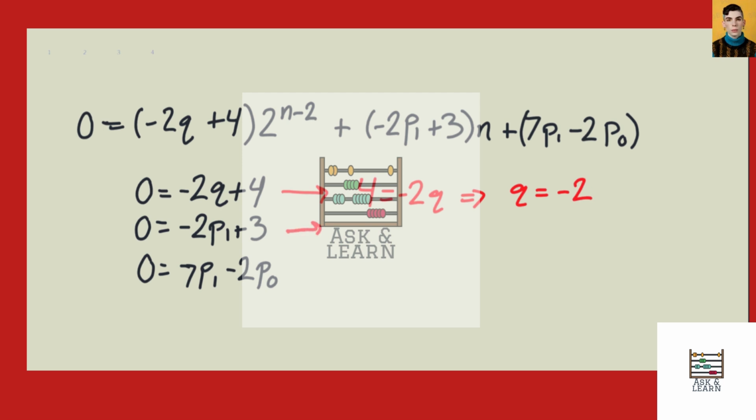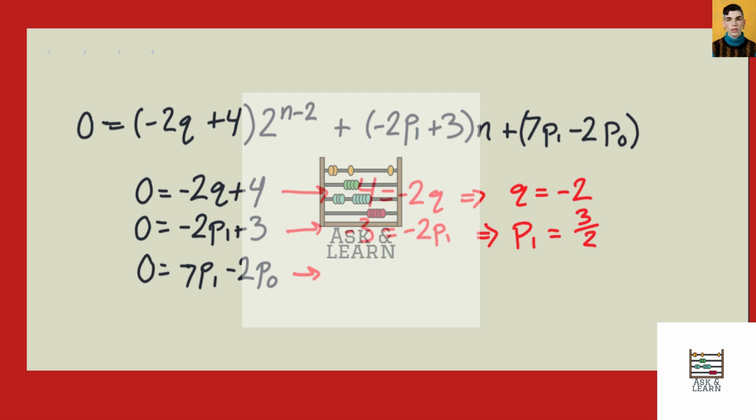Okay, we can do the same thing with the second one, where we'll rewrite this as 3 is equal to negative 2 times p1, which means that p1 is equal to negative 3 over negative 2. So we get 3/2 for p1. And then this last one requires us to put our value for p1 in here.